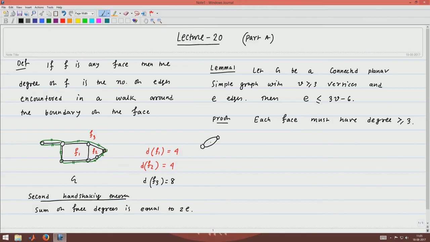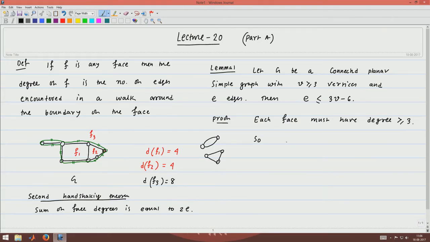If multiple edges were allowed, then a face could have degree 2 also, but since it is a simple graph, the smallest degree face that is possible is a triangle. So each face must have degree greater than or equal to 3.